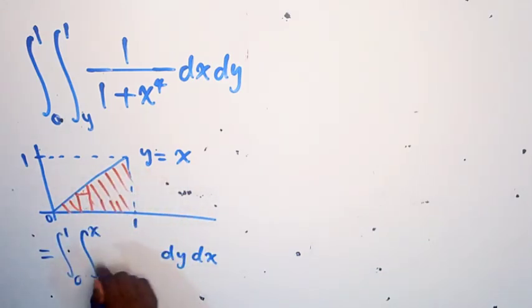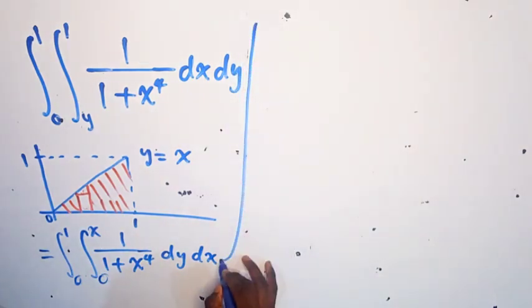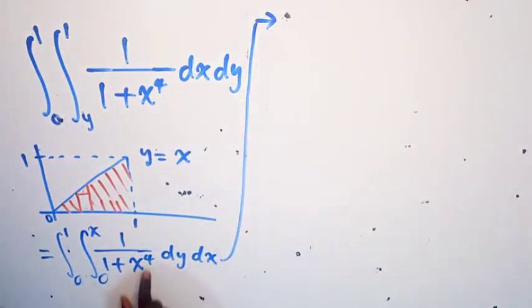Then we put the original function, which is 1 over 1 plus x to the 4th power. We have to integrate this with respect to y, so this right here is regarded as a constant.